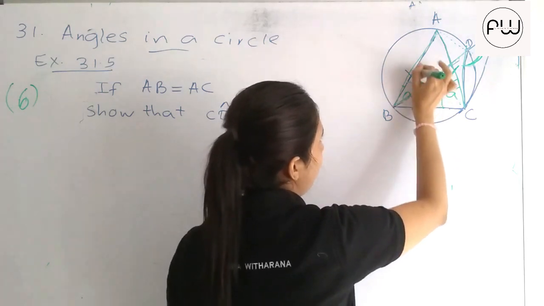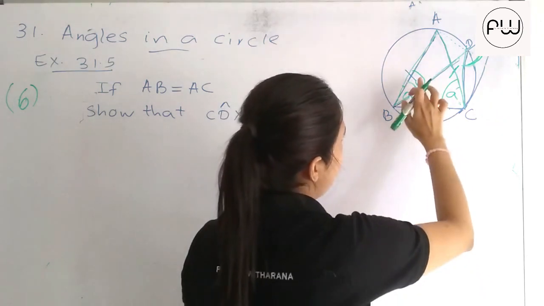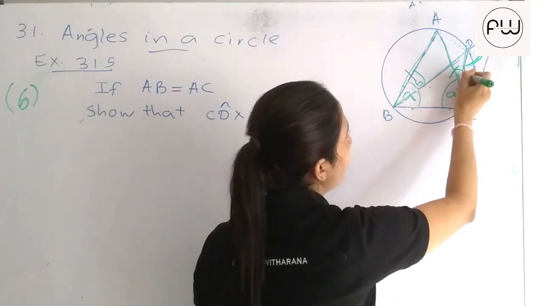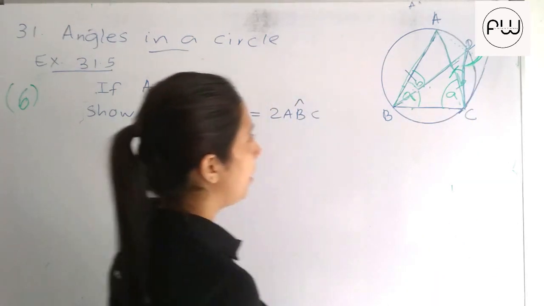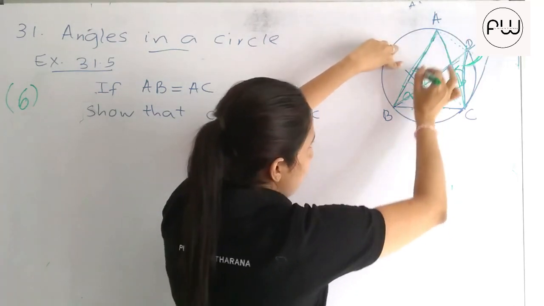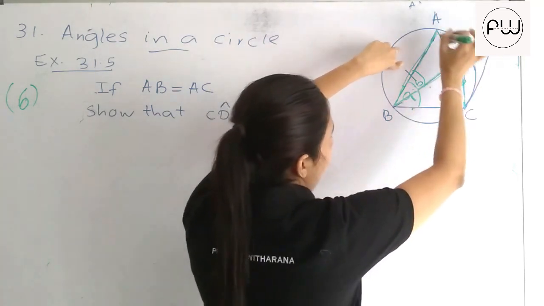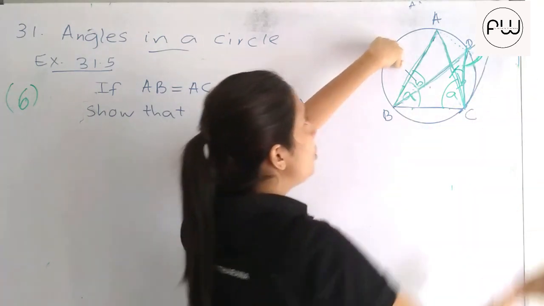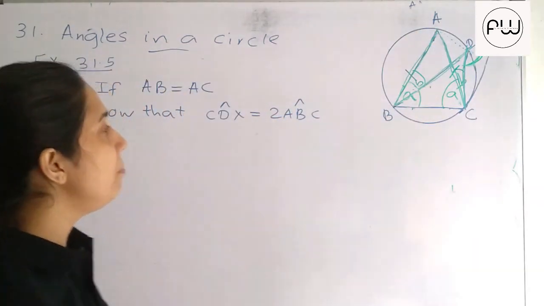If this is B, this one also should be B. Why? Because these two angles, this one and this one, are in the same segment.